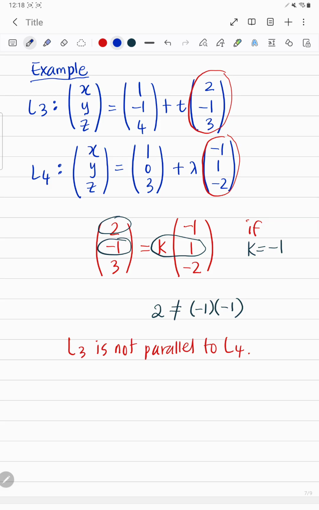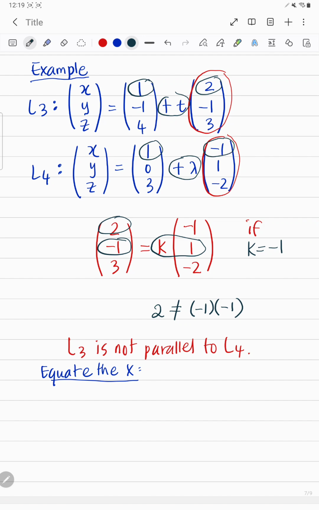So since line 3 and line 4 are not parallel, would there be a chance that line 3 intersects with line 4? To find out, we would need to equate the x coordinate, the y coordinate, and the z coordinate of L3 and L4. So equating the x coordinate means we look at 1 plus t times 2 and also 1 plus lambda times negative 1.